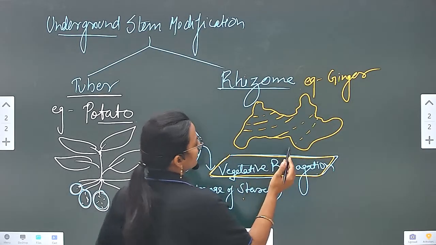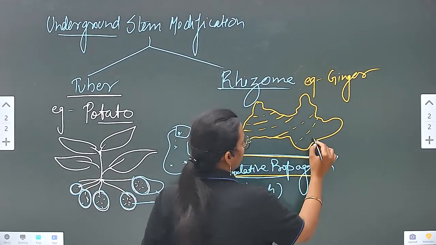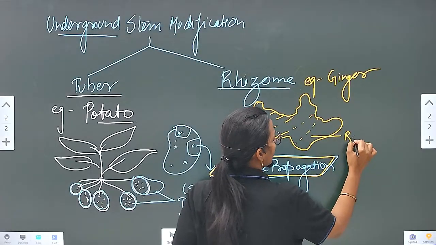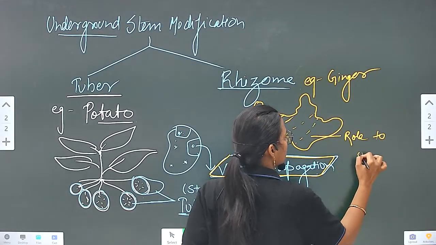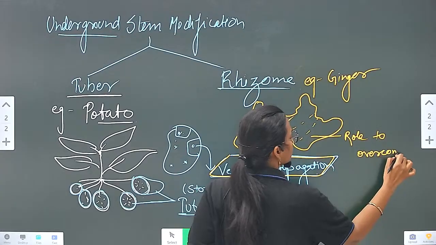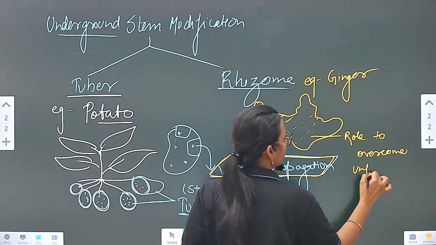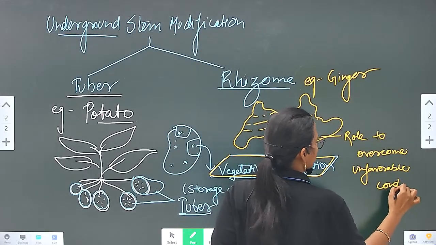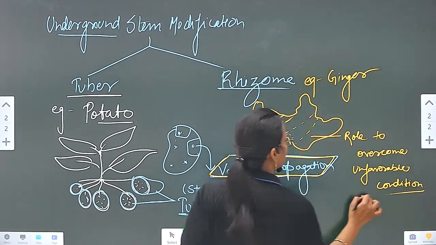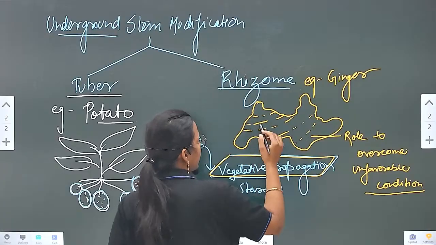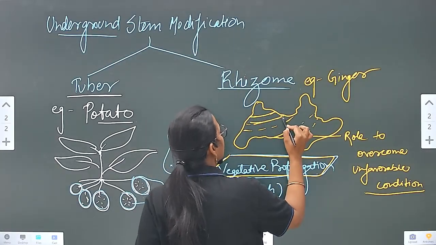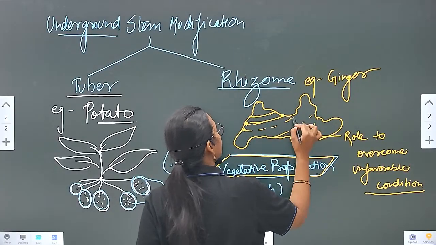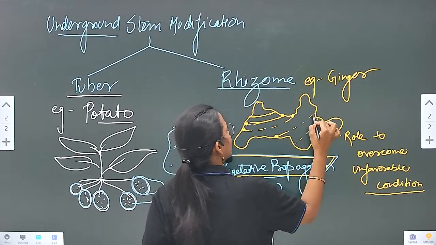Okay, so this is the ginger underground stem and it has a role to overcome unfavorable conditions. Please remember the typical example, that is ginger as rhizome, and this is showing the nodes and internodes.